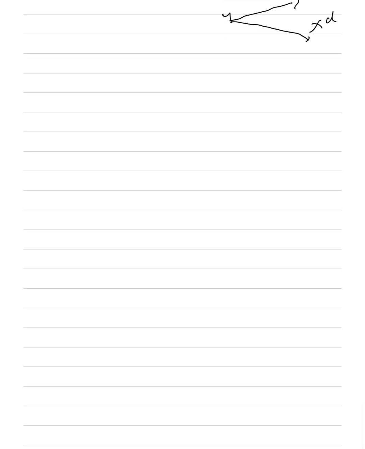Description of a function. So how are you going to write a function? First and foremost, suppose you have a function f from A to B defined as follows.